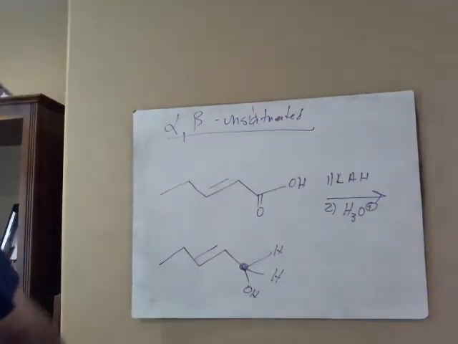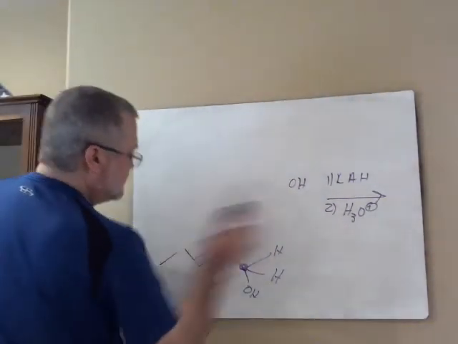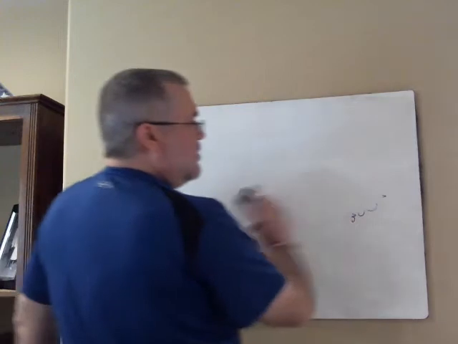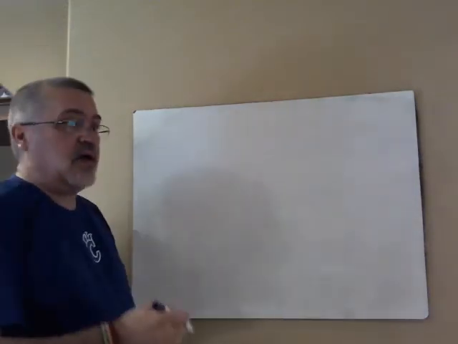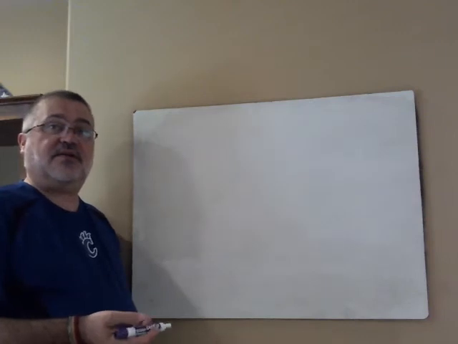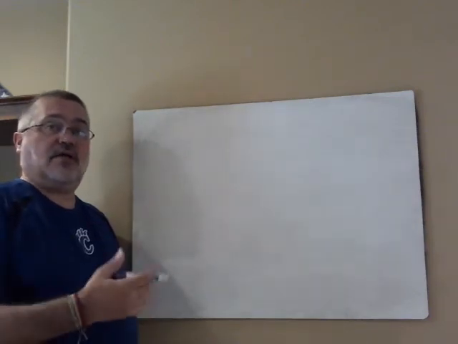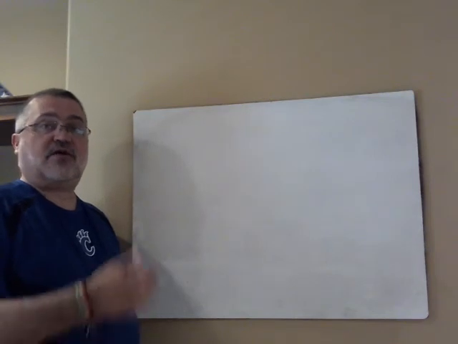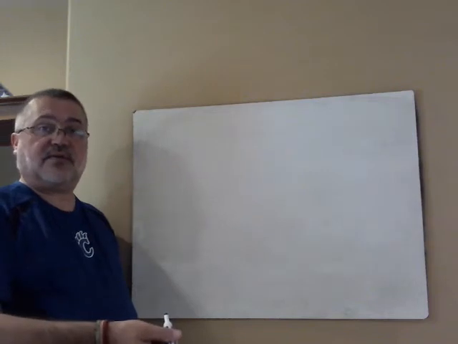All right? And so let's look at this synthetically. We have two reducing agents that reduce carbonyls. One of them, sodium borohydride, only reduces ketones and aldehydes. LAH reduces all of the carbonyl compounds we just talked about: aldehydes, ketones, esters, carboxylic acids.